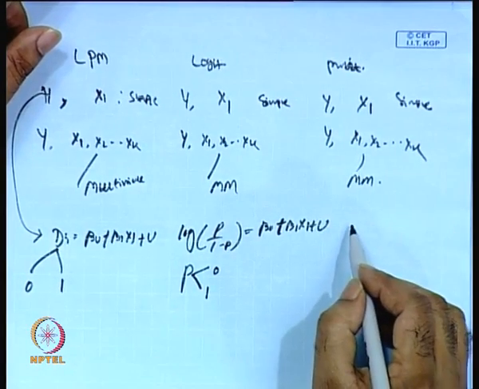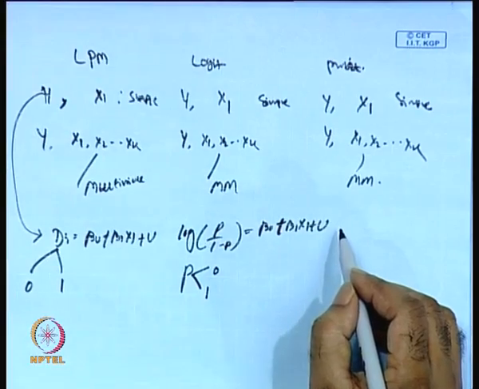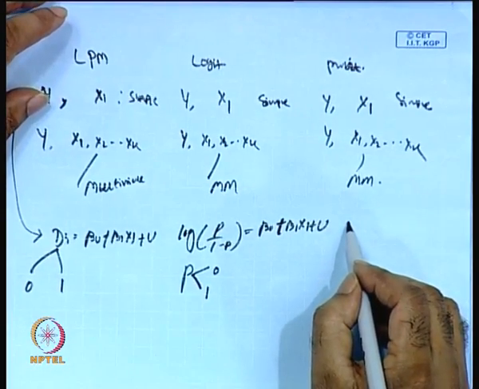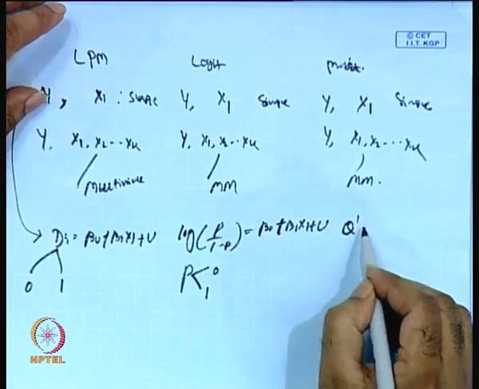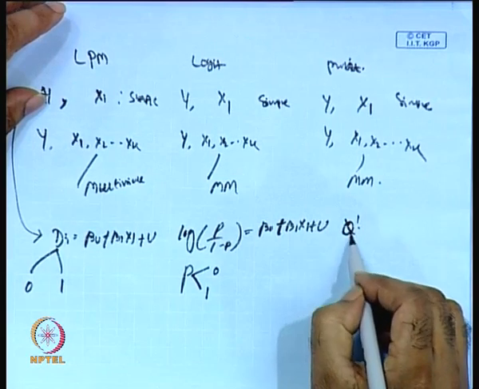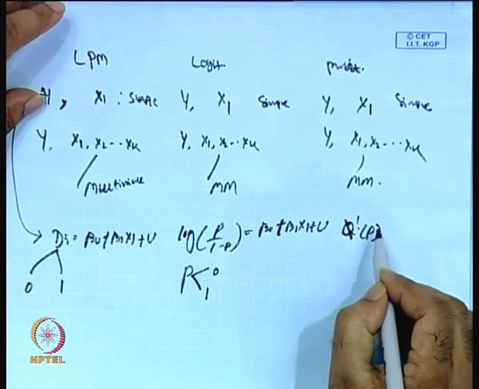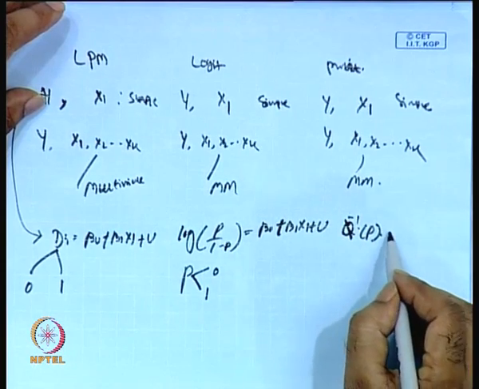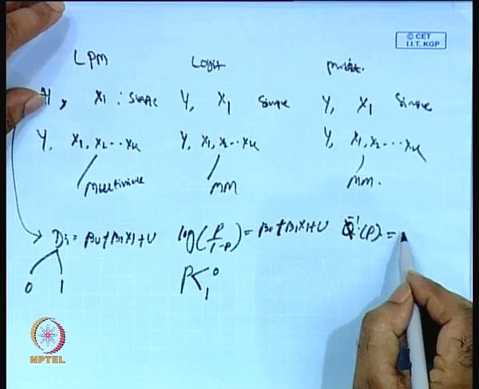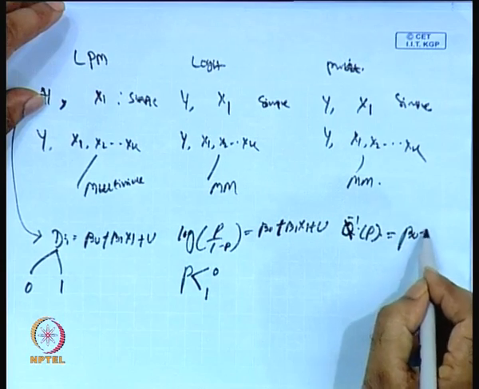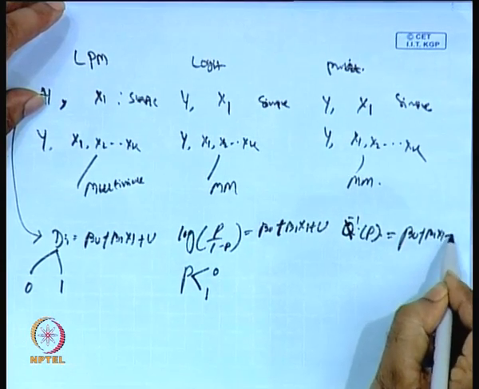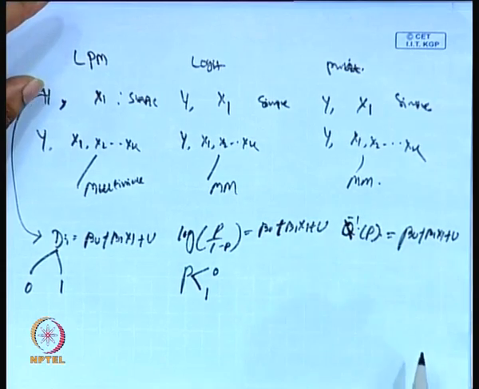So, in the case of Probit models, we use psi inverse of p equal to beta 0 plus beta 1 x1 plus u, okay.